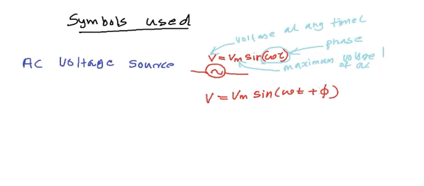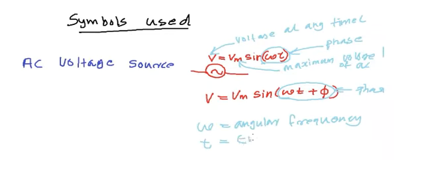Omega is the angular frequency, t is time, and Vm is the maximum voltage or peak value of the voltage. Okay, this is about the AC voltage source.